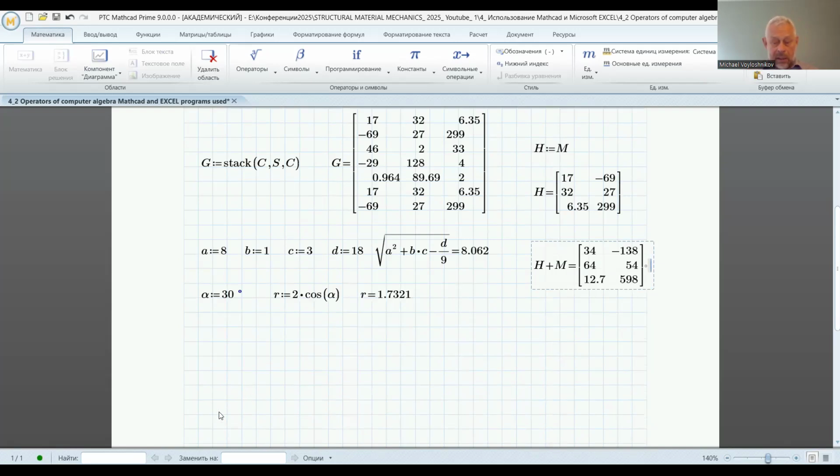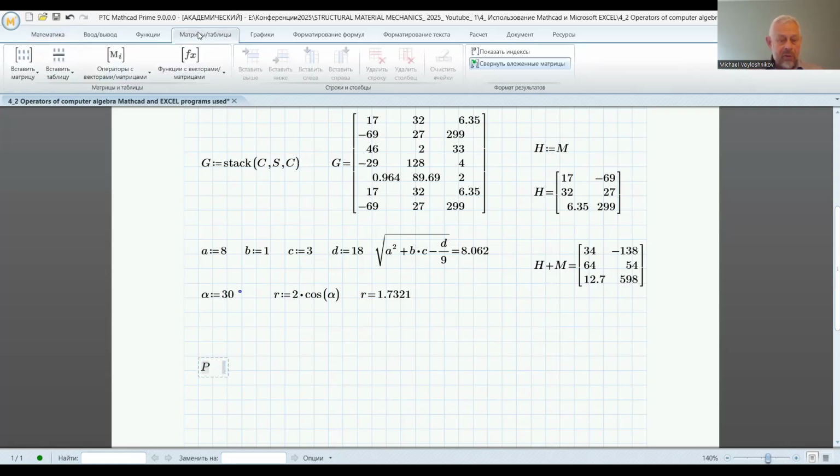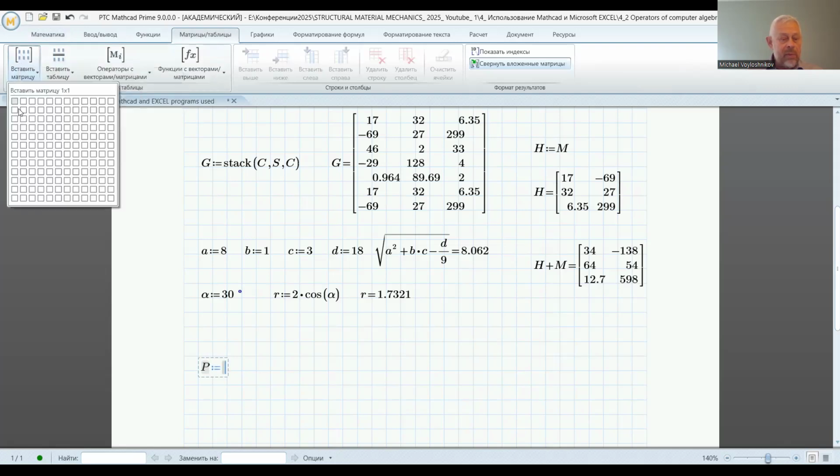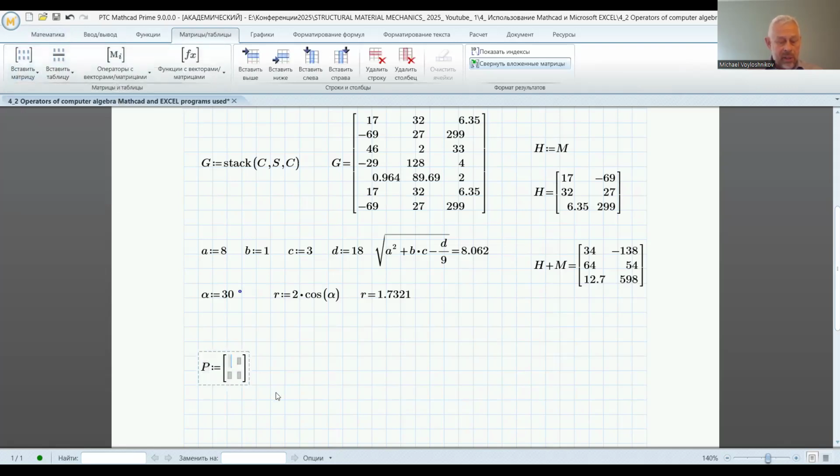Okay, let's consider a definite matrix here, like matrix P. Shift and colon, I assign the matrix. I go to the panel of matrices and assign a two-dimensional matrix.